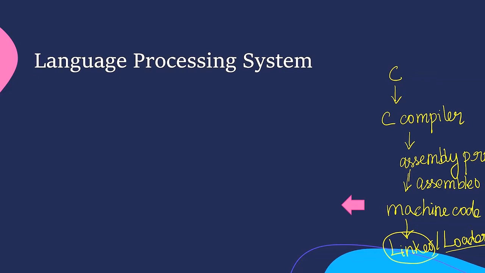Then what is the use of the loader? After linking, it has to be loaded into the memory to make it ready for execution. That work is done by the loader. The loader helps to load all these linked files into memory. Now this program gets ready for execution.